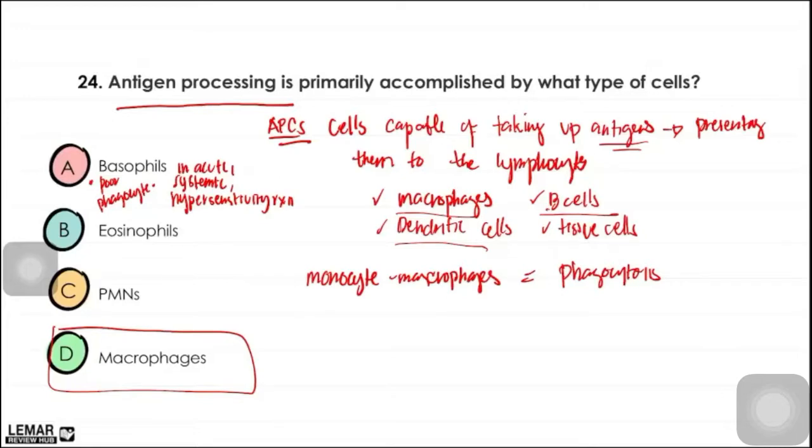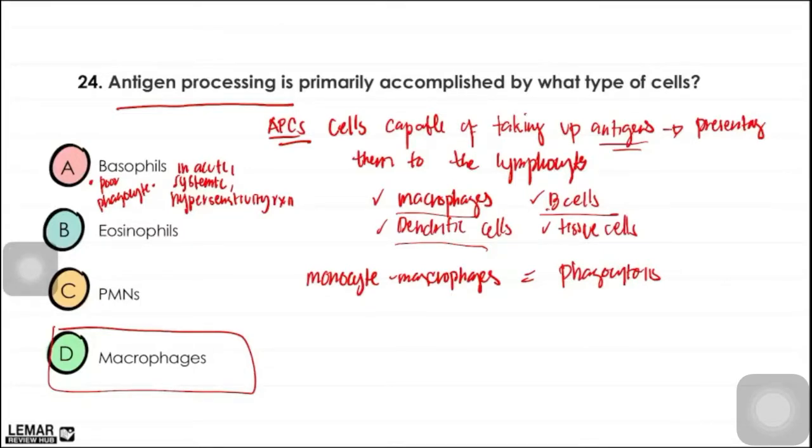They are particularly effective in host defense against bacterial and fungal infections. So these neutrophils have antimicrobial function, and this antimicrobial function is very essential in the innate immune system.